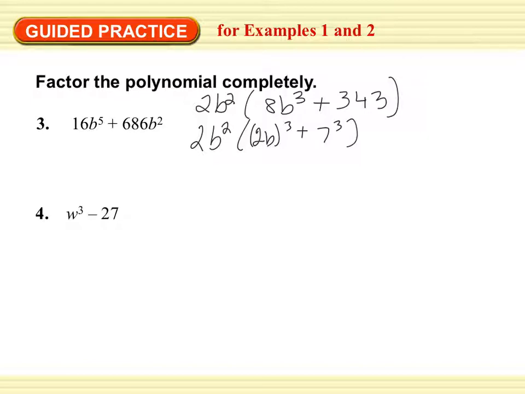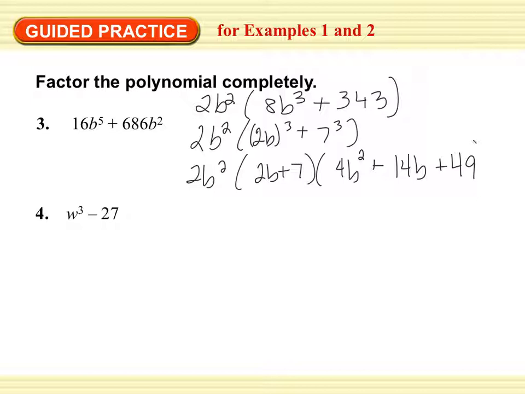So let's use our formula. 2b plus 7, 2b squared, plus a times b, which is 14b, and b squared. Except I think I have a sign wrong. Yep. Right, there we go.